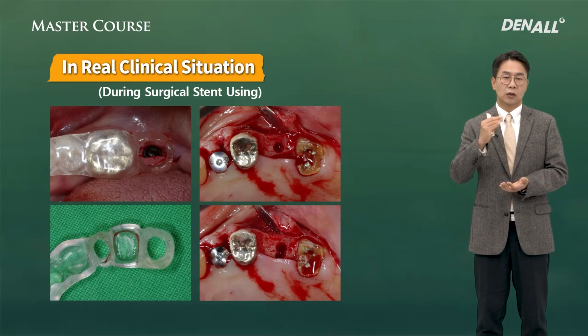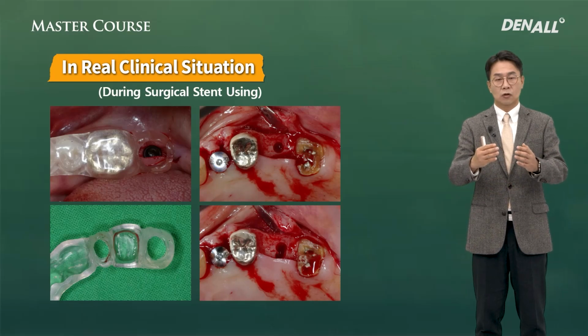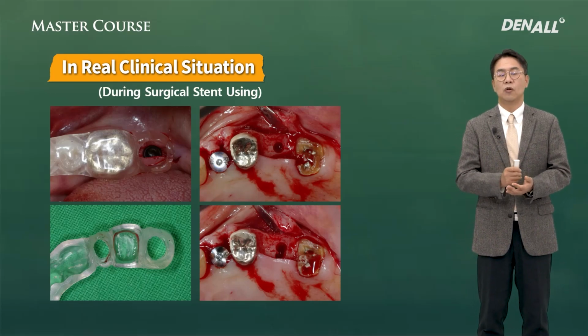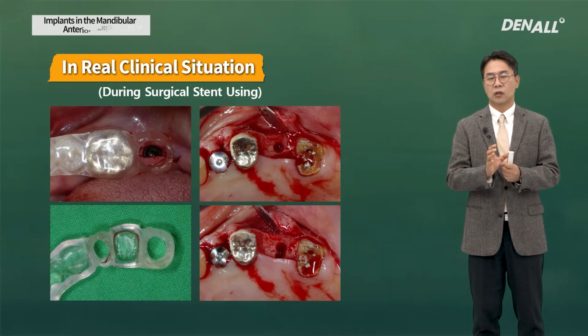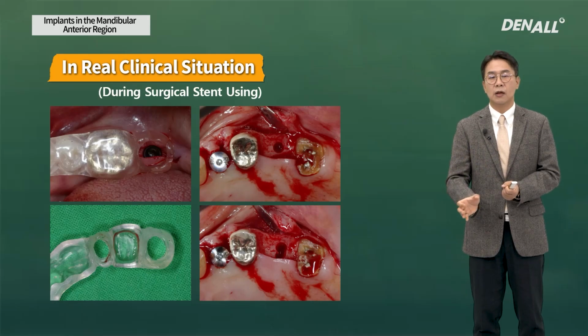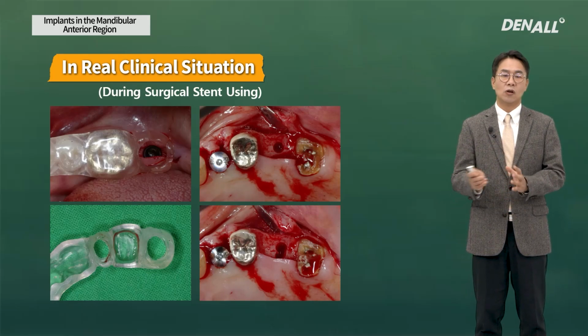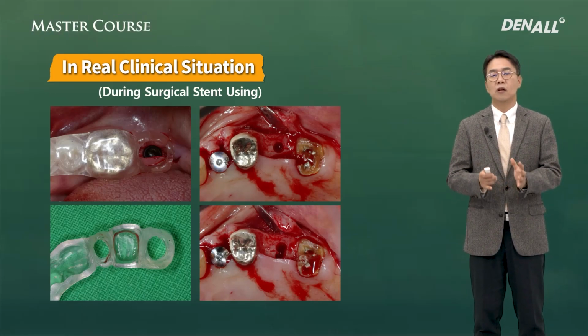If it is buccally positioned, that needs to be adjusted a little bit toward lingually. The holes in a surgical stent can be made very accurately, but it may not be so at all times, depending on the capability of a surgeon, so that errors need to be reduced.